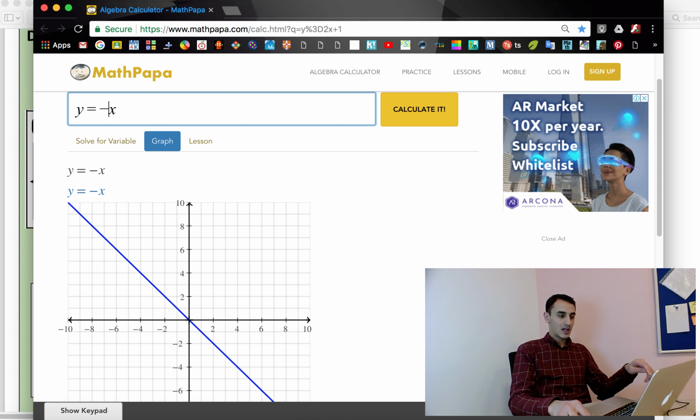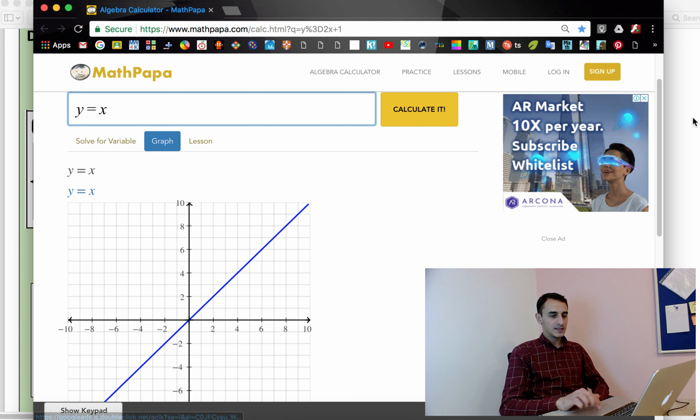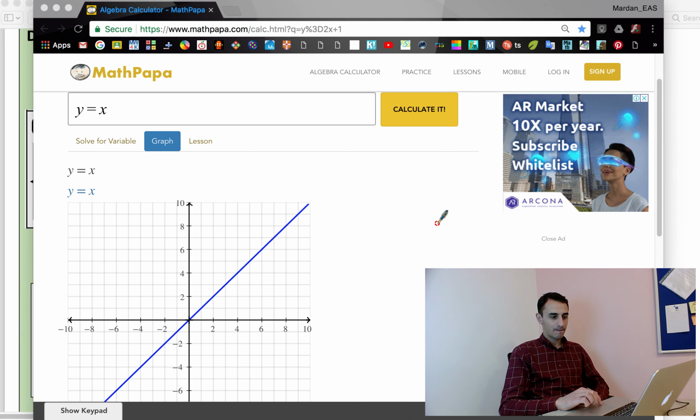Let's try negative numbers. Okay. This is first quadrant, right? This is first quadrant. This is second quadrant. This is third quadrant. And this is fourth quadrant.